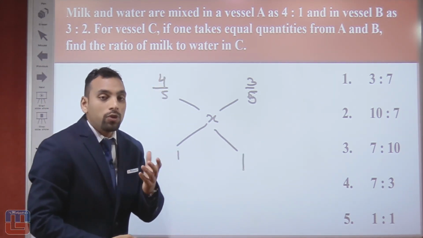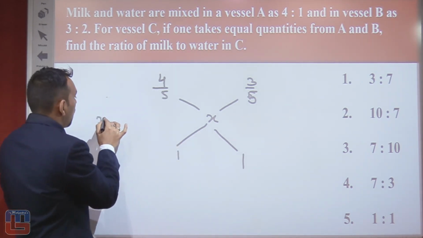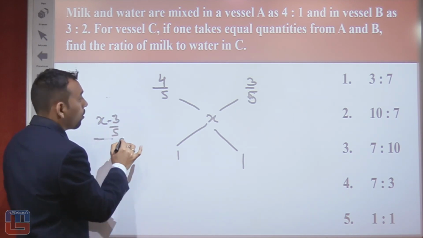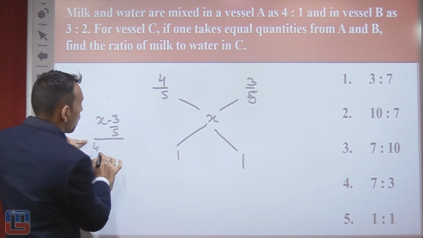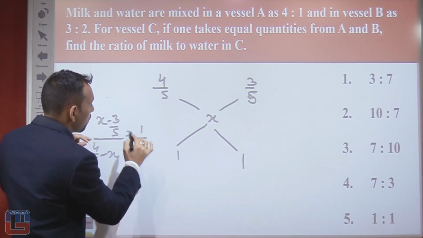Now we can apply the rule of alligation here: (X minus 3/5) upon (4/5 minus X) is equal to 1/1.